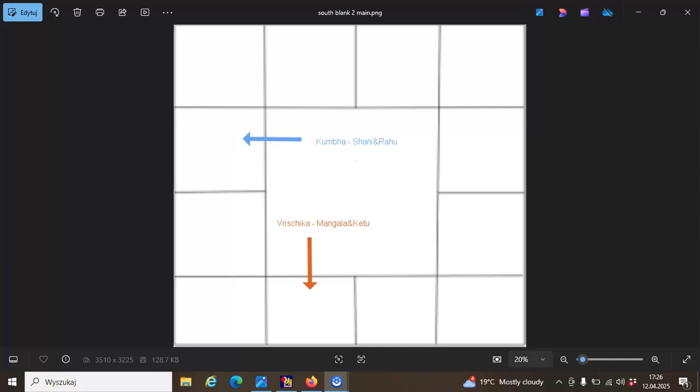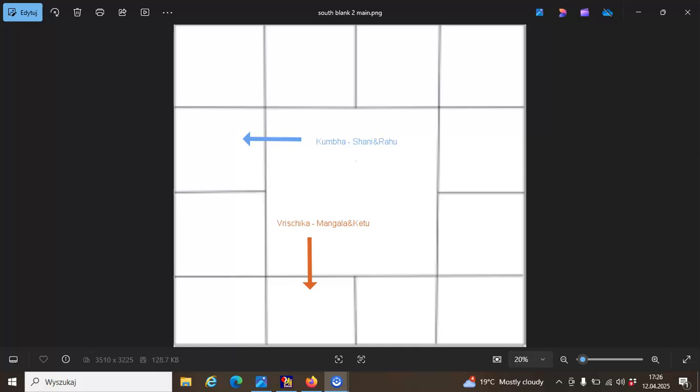Let's say Mangala is at the 3rd degree of Makara, and Ketu is at 11 degrees of Mithuna. Obviously in that scenario Ketu becomes stronger because it has a higher degree. So we'll be counting up to Ketu, deducting 1 year, and this will give us our Mahadasha years, okay?